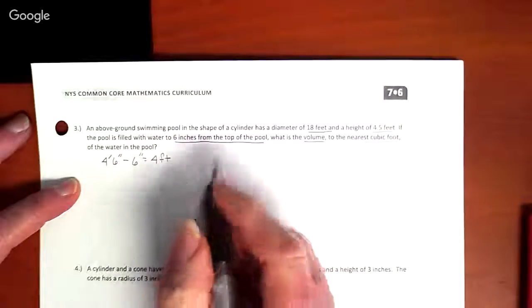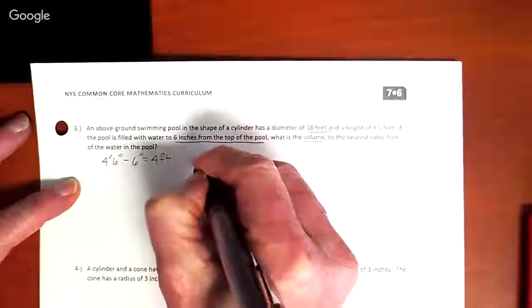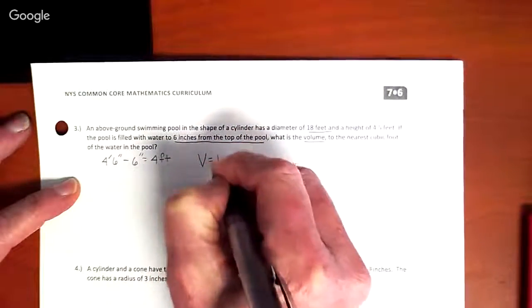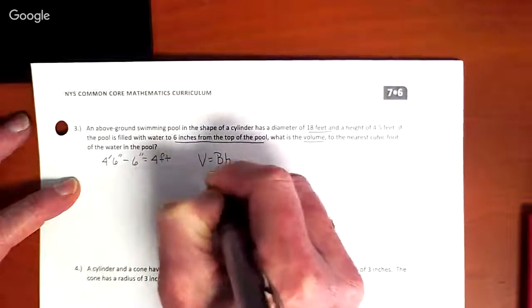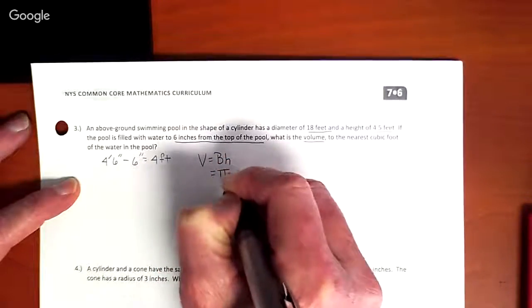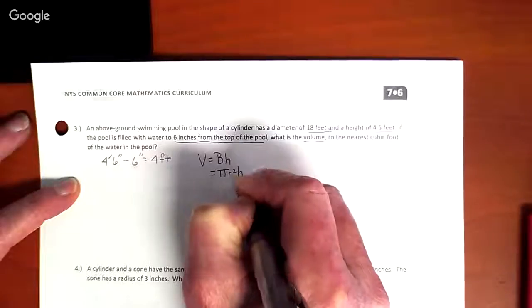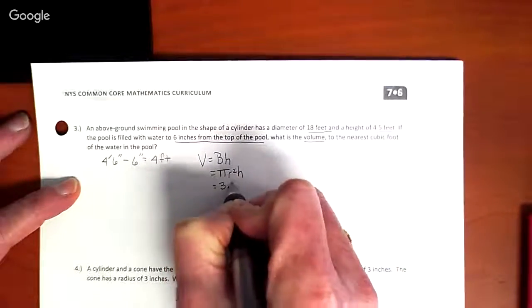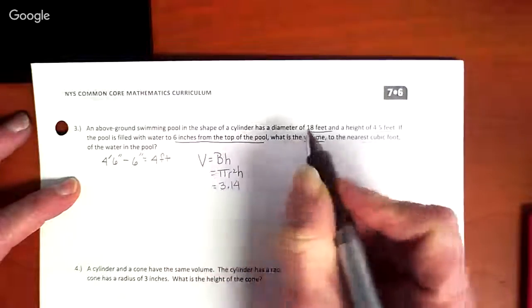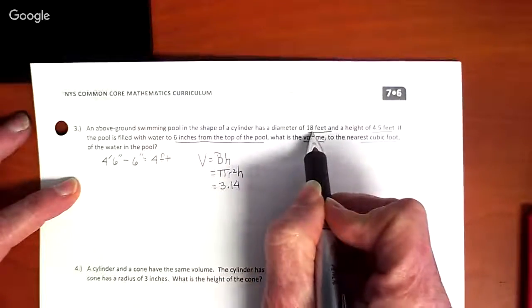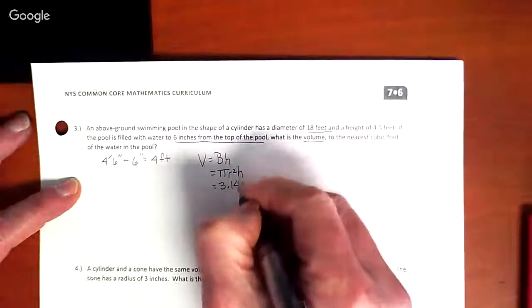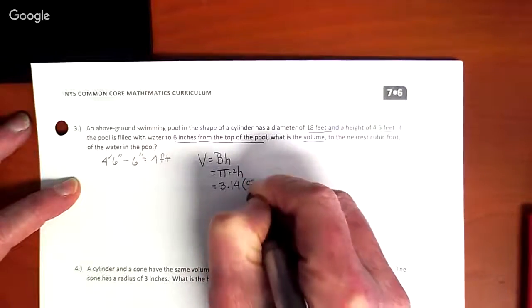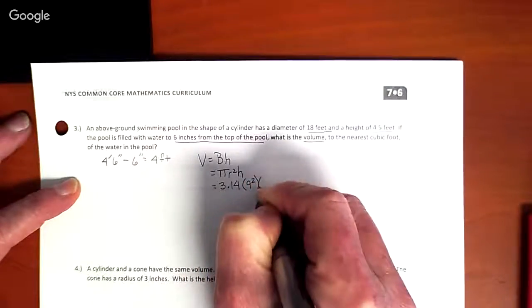So now we have our volume, which is capital BH, or pi r squared h. So now we've got 3.14. Our radius is going to be 9, which is half of the 18. So 9 squared, and our height is 4.